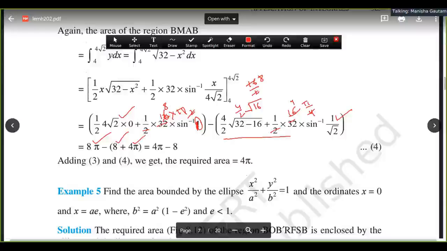This is 4 pi. So it comes out 4 pi minus 8. When you add the first part and second part answers, 8 plus 4 pi minus 8 cancel and you get 4 pi. This is example number 4.